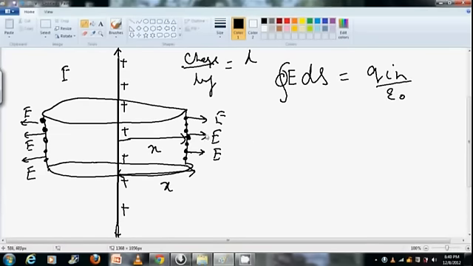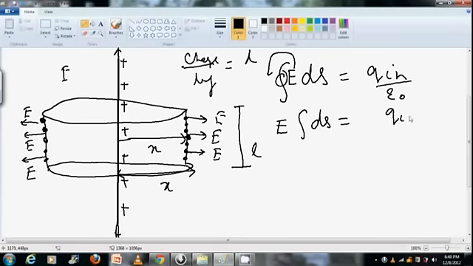Now from the power of symmetry, this E will come out, because this full surface is symmetrical, and integration of ds is equal to q in by epsilon naught. Suppose the length of the cylinder which I have considered is L.